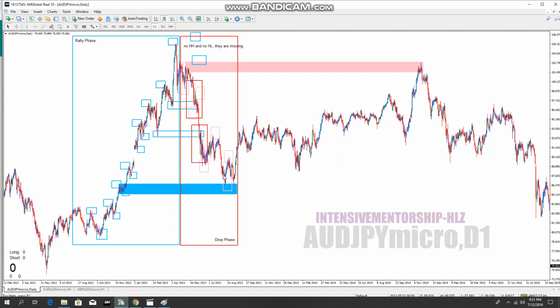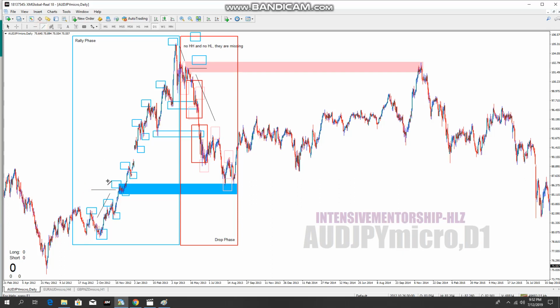So the price is retracing going up, and then you look for sell, and there is a drop base drop here. So this is drop base drop.